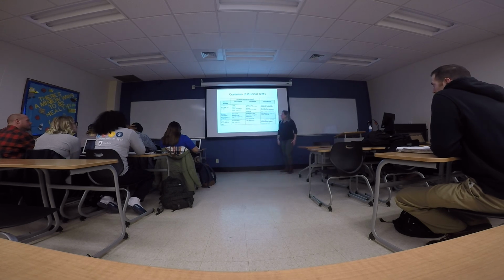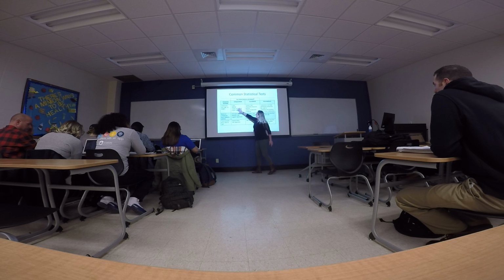And then with time to event, like time to sex or time to death, we probably won't be using those very often. We don't see those very much. So all of the terms that are listed in the middle part here are test names.